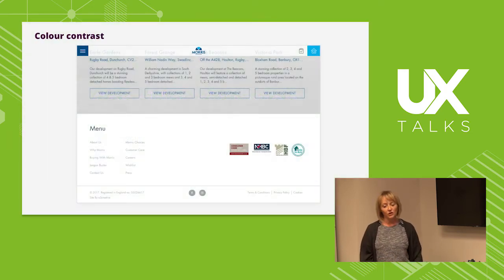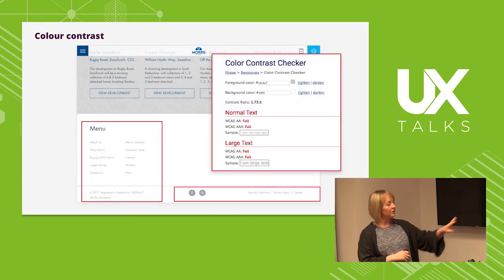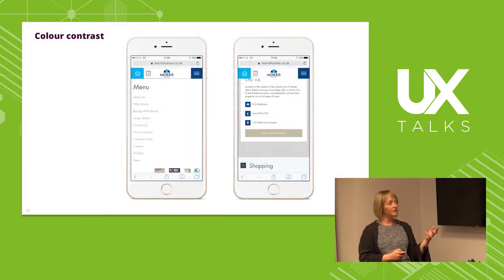One example of this is colour contrast. So it's making sure that people can really easily read it and it's legible, all the text, and the contrast isn't too washed out, because I'll just show this here, the menu at the bottom here is really washed out. It's a light grey, and on the colour contrast checker it just fails all levels of accessibility. However, if we take this, so this Morris Homes is a new build website.